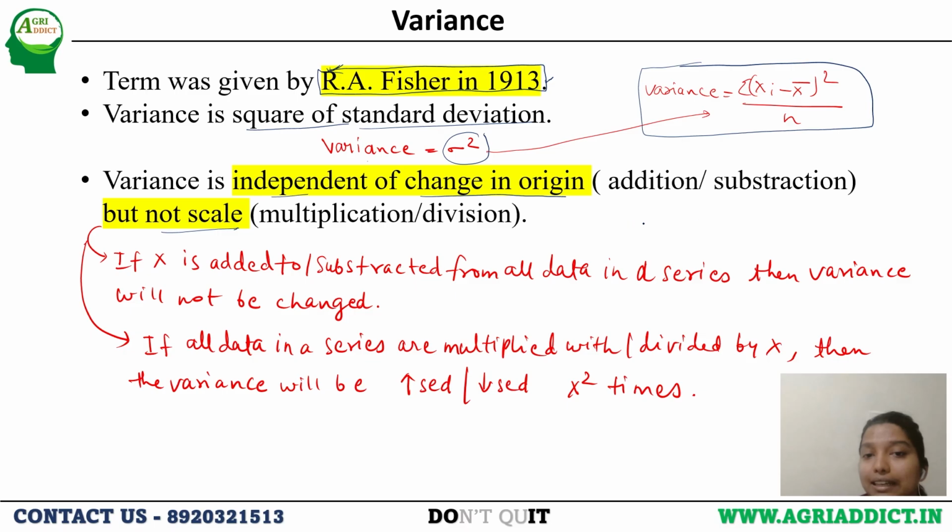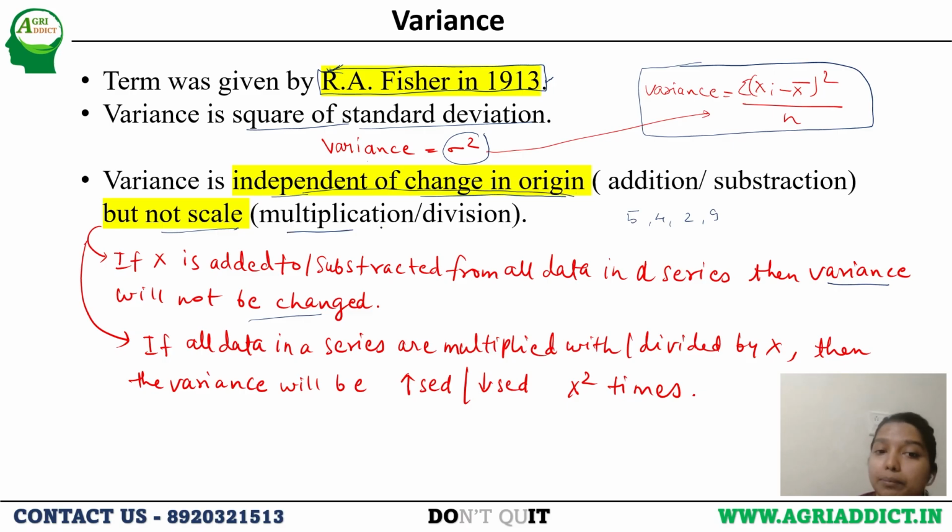Means if all the data, say 5, 4, 2, 9 like this, if we are adding some x to these or subtracting x from all the data, then the variance will not be changed because it is independent of change in origin.